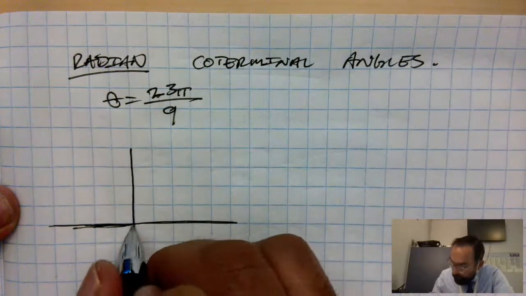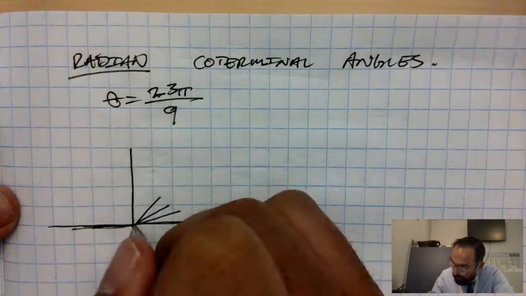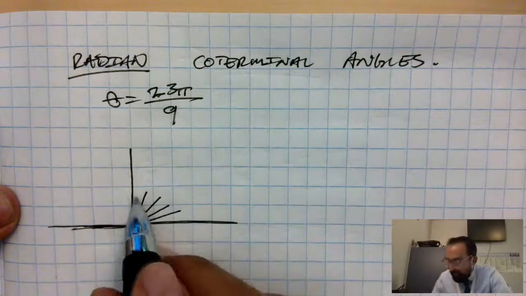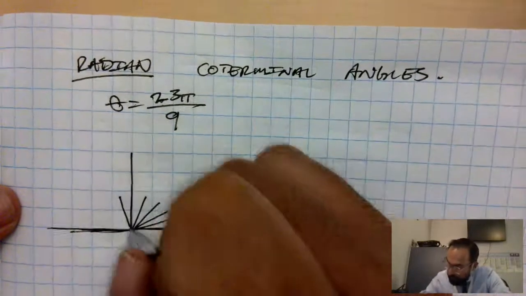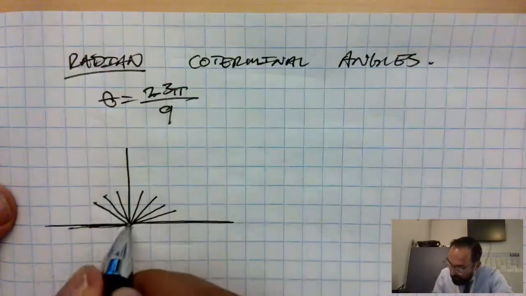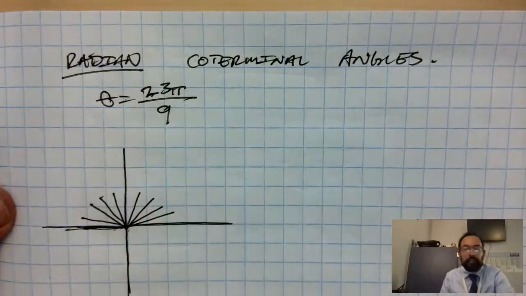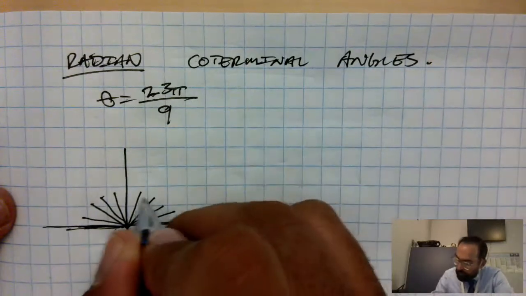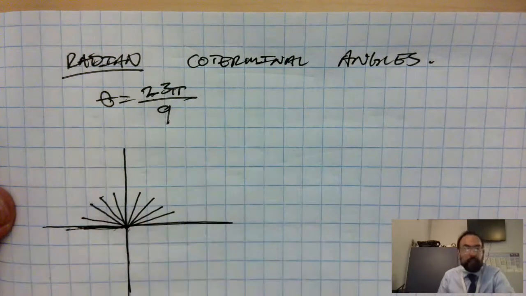So I'm going to start here, 1, 2, 3, 4, and I can't count that one. So the 5th section is going to be here, 6, 7, 8, and then the 9th section is going to be the line. Okay, so that is 9 equal sections: 1, 2, 3, 4, not counting the middle one, 5, 6, 7, 8, 9, counting the last one.